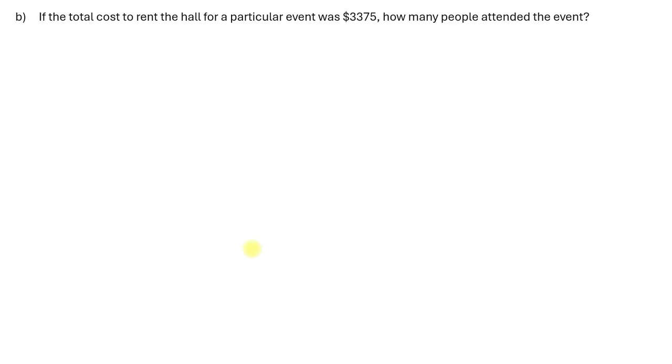In part B of this question, this time we're told what the total cost is, but we're asked for the value of N, how many people attended the event. So we'll restate the equation here, and then we'll plug in for C the value 3375.